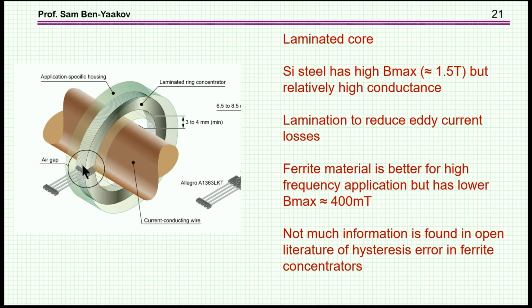Now, it is possible to use ferrite material or some other ferromagnetic material. Ferrite have only a Bmax of about 400 millitesla, so it's fairly low, and there's actually not much information in the open literature on the hysteresis effect in ferrite in this application.